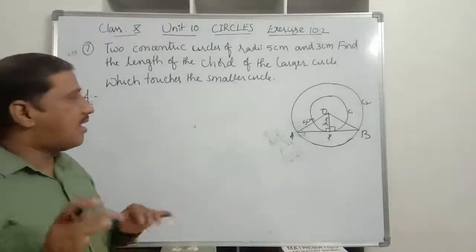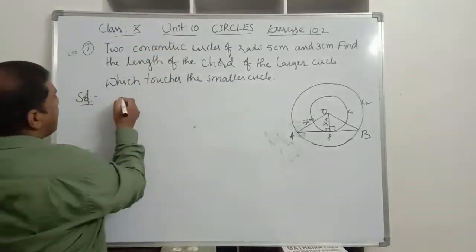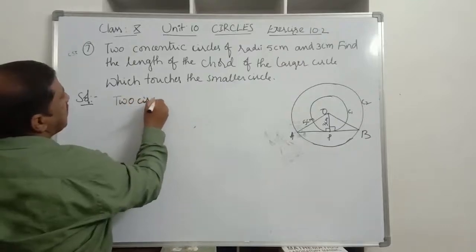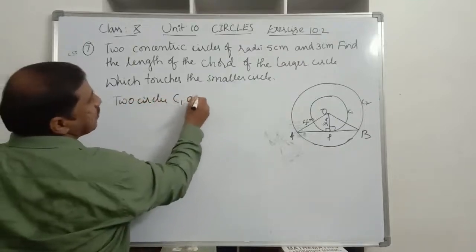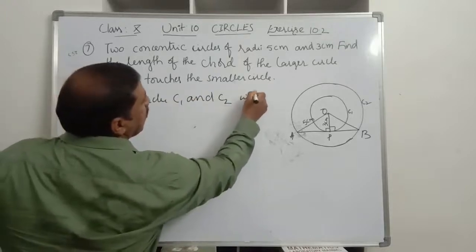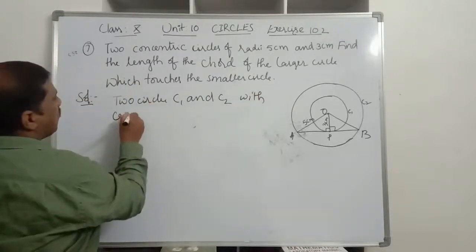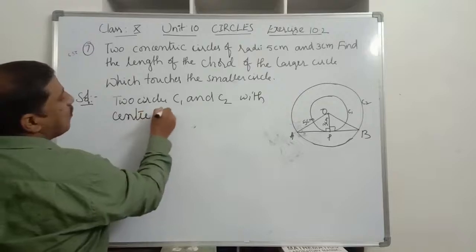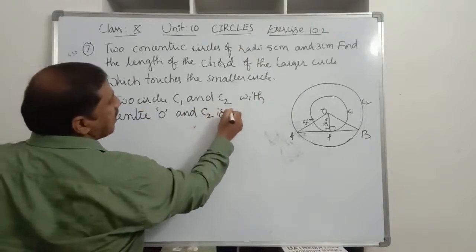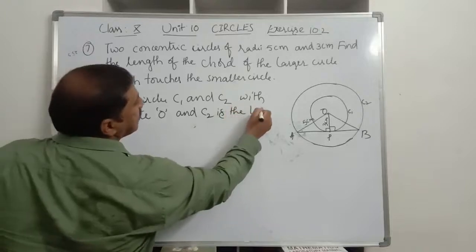Is it clear? Right. Now what is given here? Two circles C1 and C2 with center O, and C2 is the larger circle.